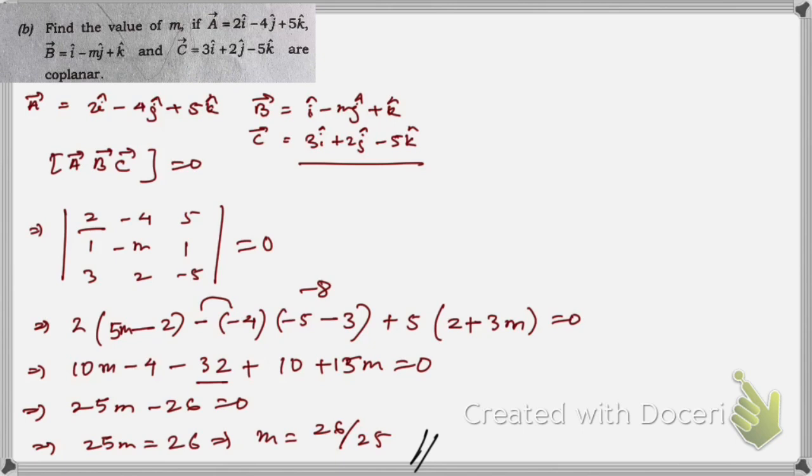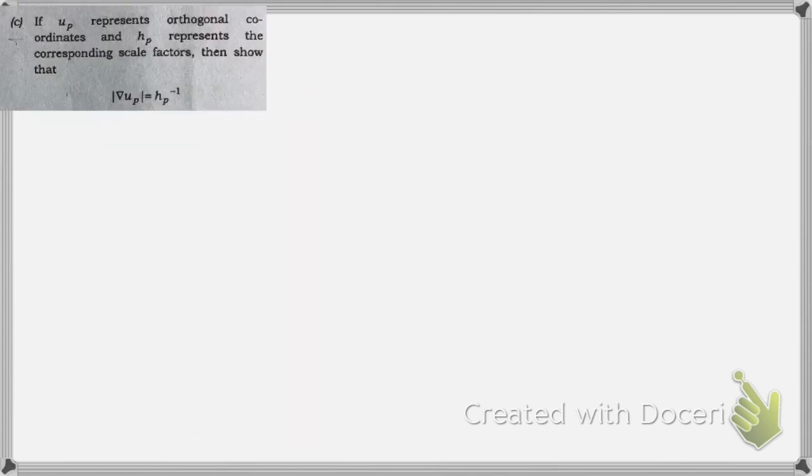Now let's move on to the next question, that is question number 2c. So here it is given u_p is the orthogonal coordinates, and h_p represents the corresponding scale factors. So this relation is very simple. So here you see, suppose we have a scalar function. So let me write here.